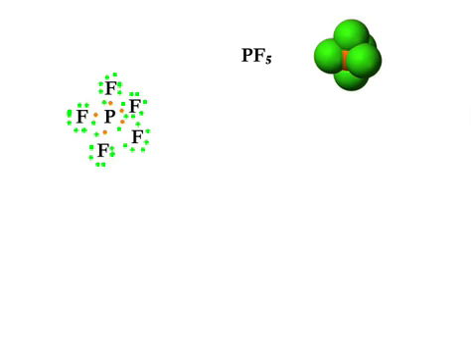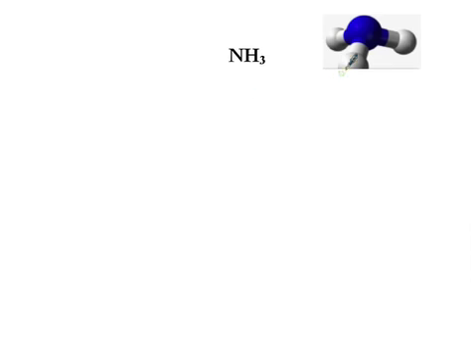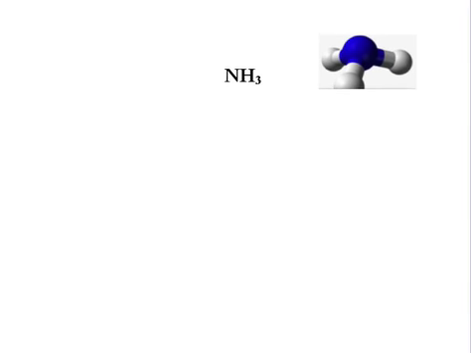Now the last one we're going to look at is the dative or coordinate covalent situation. And here we have ammonia. Notice it's not like the ammonium. Ammonium has the extra hydrogen and it's charged. This is ammonia, nitrogen trihydride. We'll put the central atom in there.